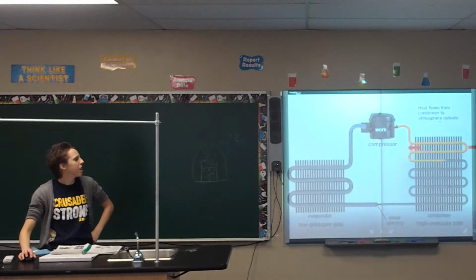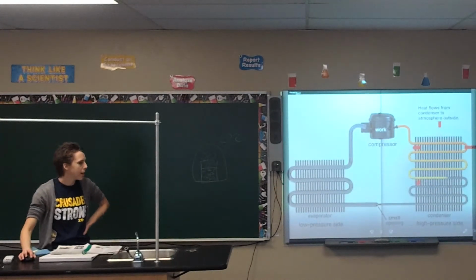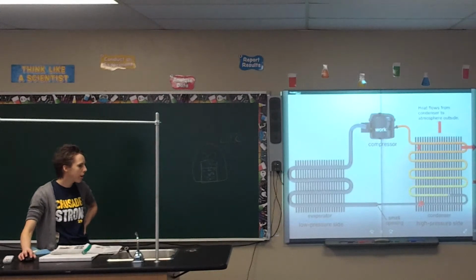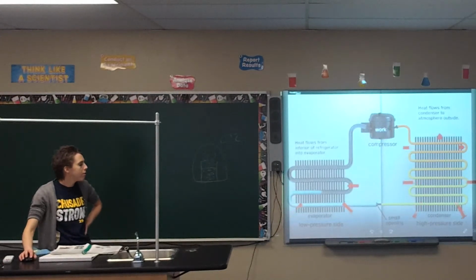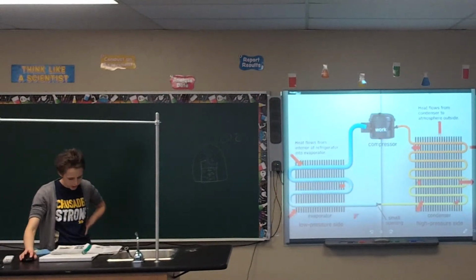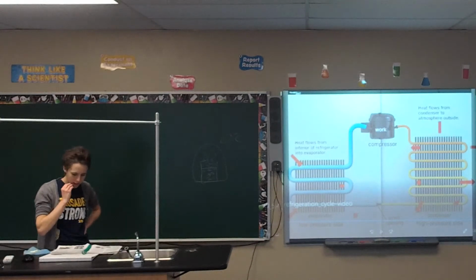That's why it's in orange colors, because the heat is being given off, since they're forced so close together. It goes through the small opening to the evaporator, where it absorbs heat from the air around it, because it's going from a liquid back to a gas. And then it does it all over again. That's what it's showing you in that section.